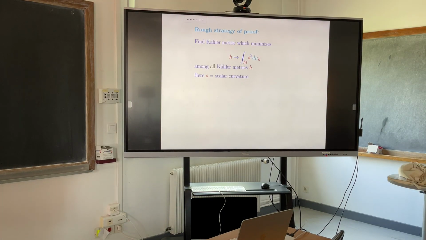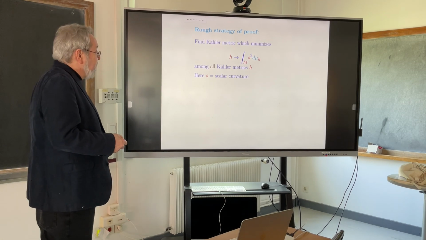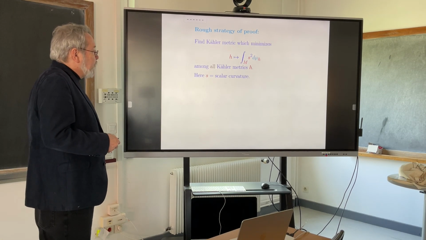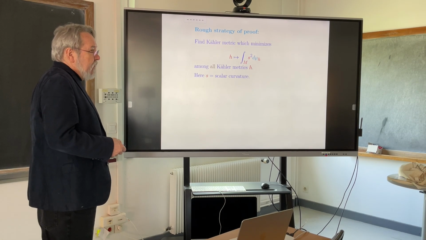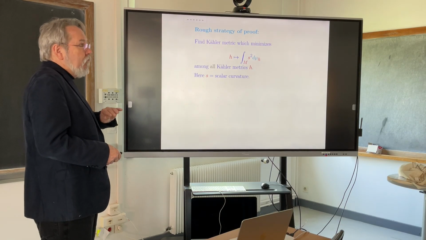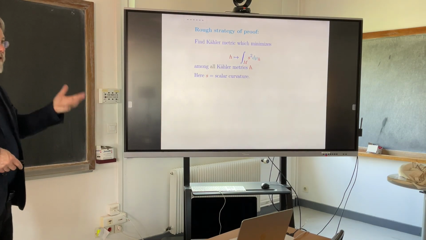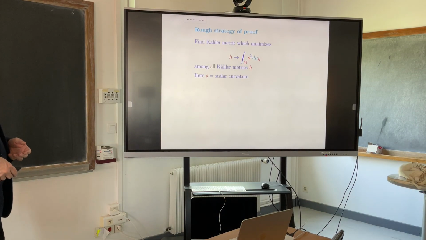The key thing I want to emphasize is that we're not choosing a Kähler class. We're considering all Kähler classes, and within all Kähler classes, all Kähler metrics. So among all Kähler metrics with respect to the given complex structure, try to minimize this functional.